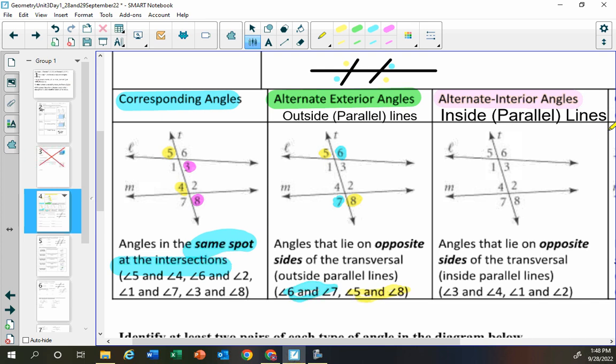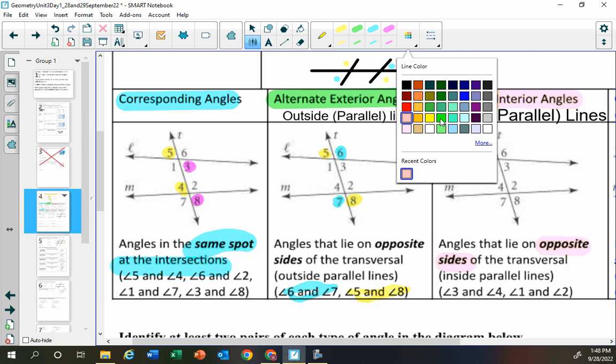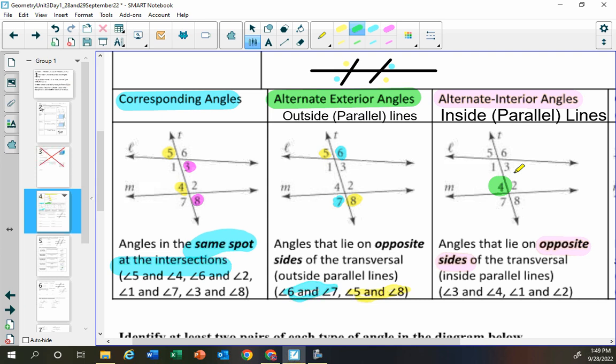So alternate interior angles, they're going to be opposite, but inside. So for instance, inside, opposite. So for instance, number 4, number 3.